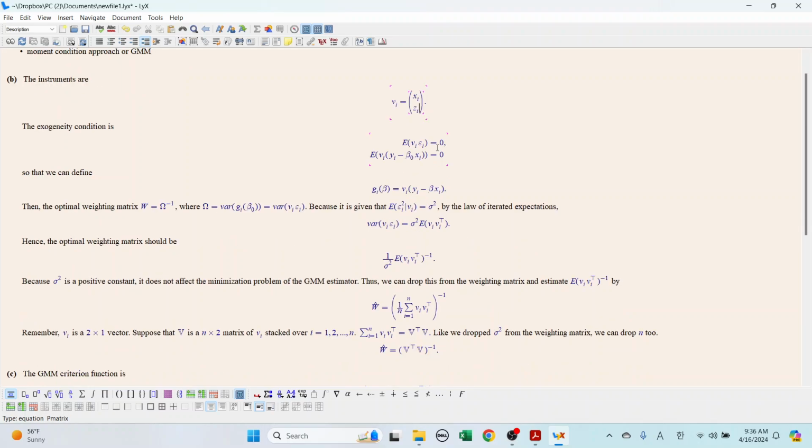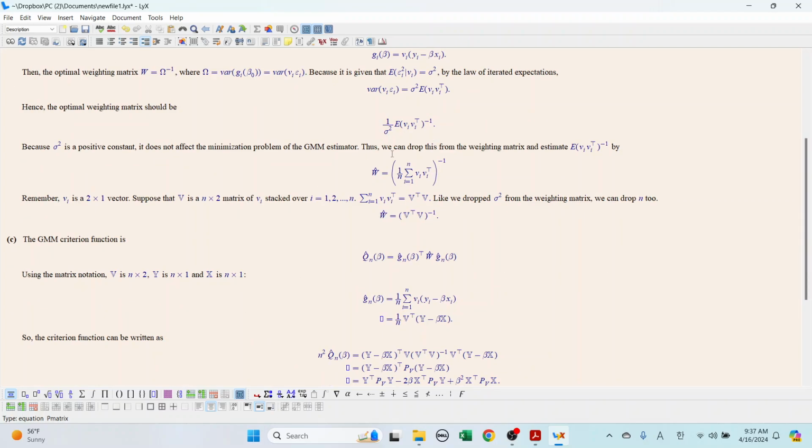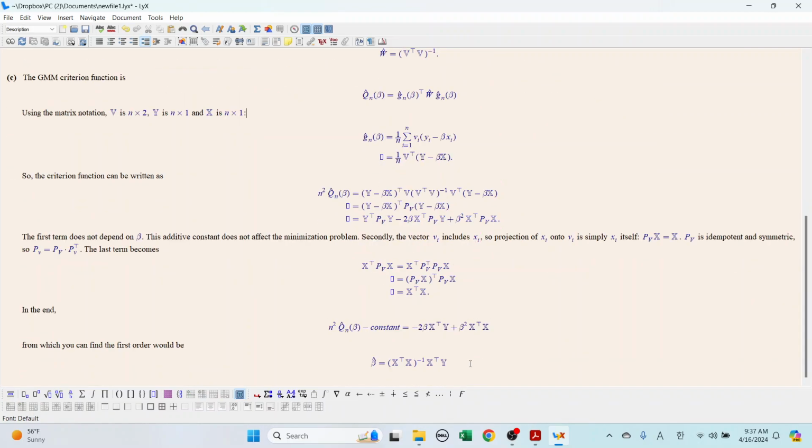But in the end, even if you use GMM estimation with the standard optimal weighting matrix, it is just the same as OLS. So the conclusion: when you believe your regressor is exogenous, OLS is the best. GMM or two-stage least squares does not help.